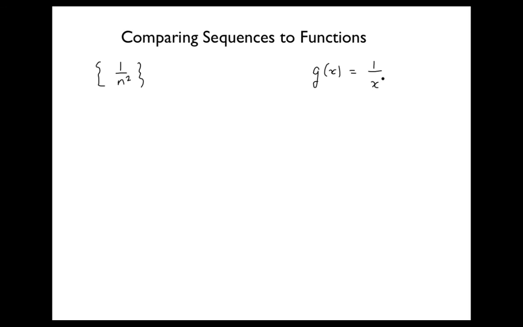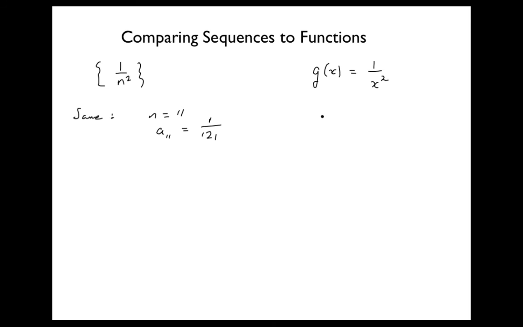Okay, so there are similarities and differences of this sequence to this function. So what's the same? The same is the values that it generates, right? So for instance, when n equals 11, a_11 is 1 over 121.